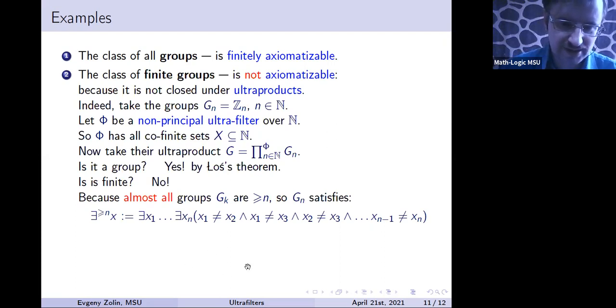So this is an infinite set of formulas. Every finite subset is satisfiable in our class of finite groups, of course, because there are groups of 3 elements, of 4 elements, of sufficiently large size. But the whole set of formulas is not satisfiable because it would imply that the group is infinite.